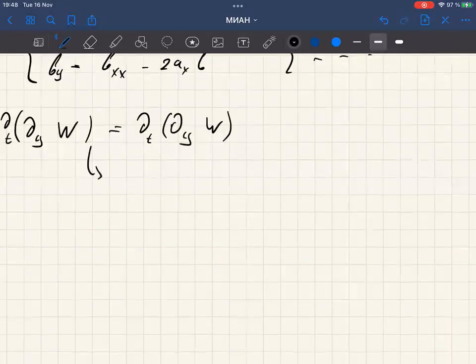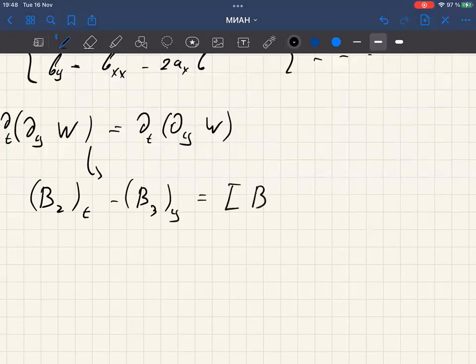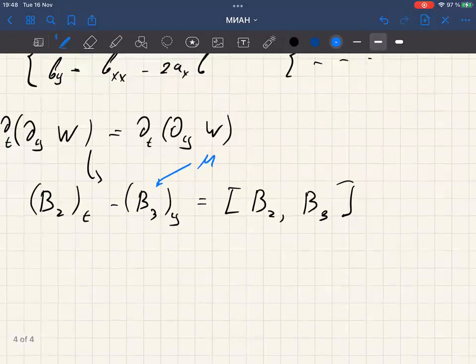This will give us the equation b2t minus b3 y equals to b2 b3, and we could find out the same way that this operator is M or something. This B3 is also a kappa operator, and so.